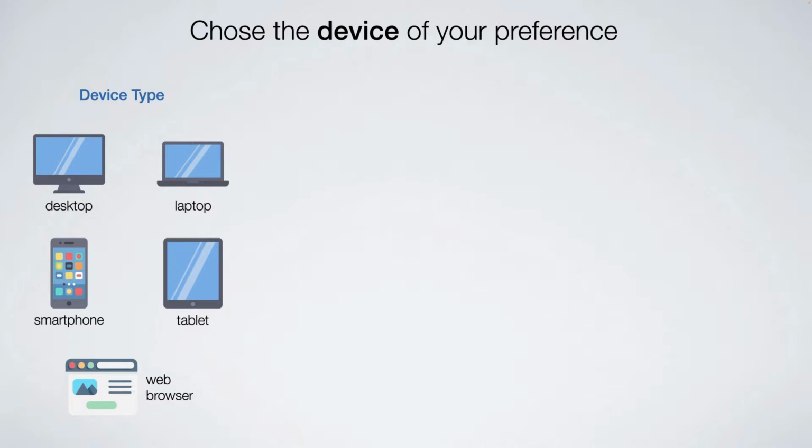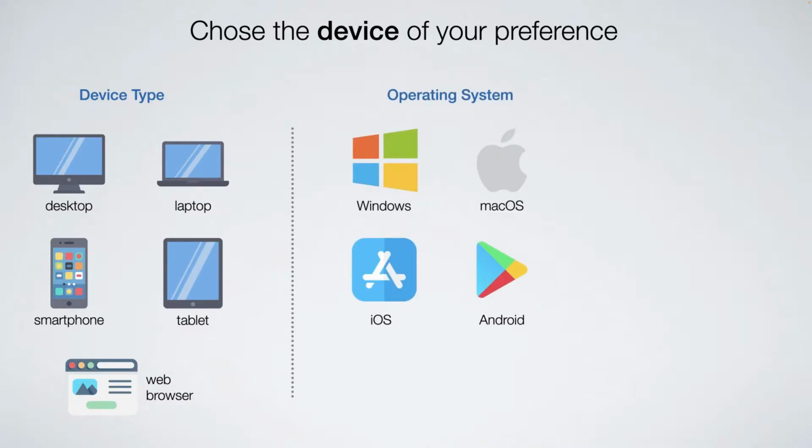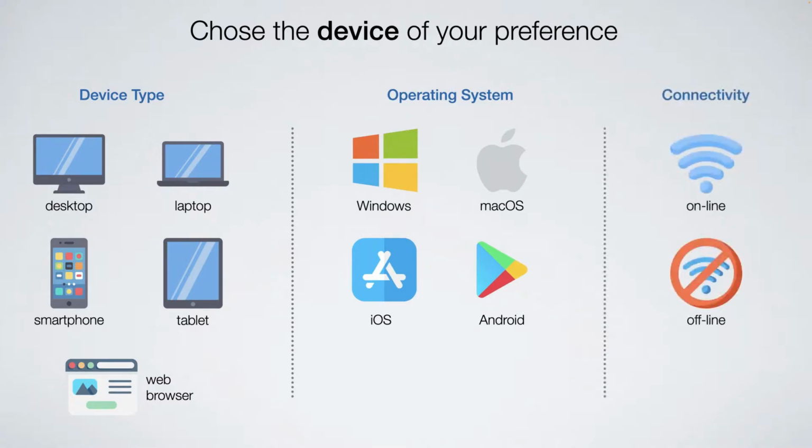It could be desktop, laptop, some mobile device, even just a web browser. They can choose what operating system they use on this device. On desktop, it's Windows or Mac. On mobile devices, it's iOS or Android. And they even can choose if they would like to work online or offline.